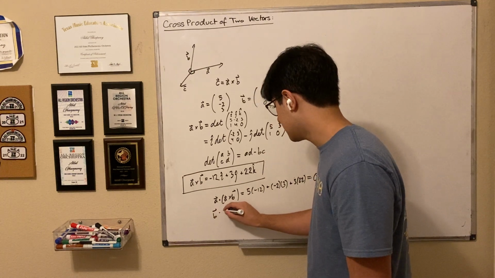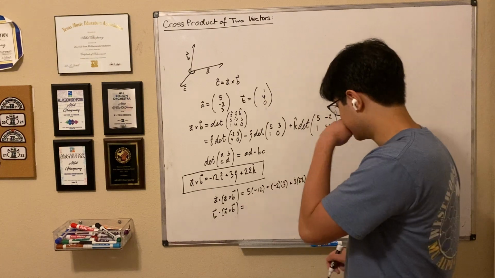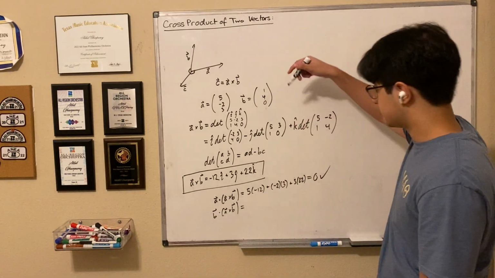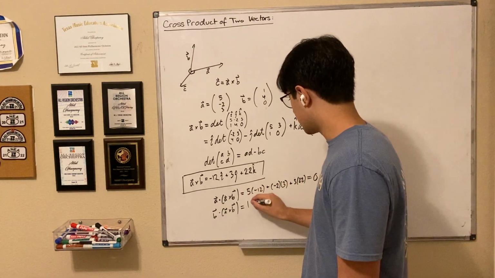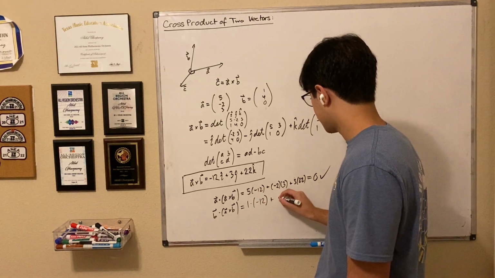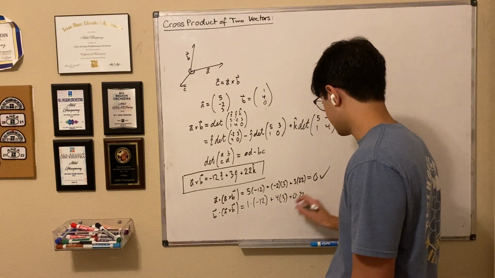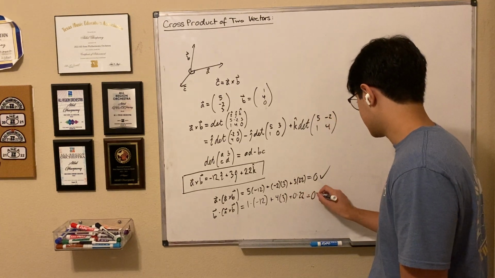And then we'll do B dot A cross B, and this is going to be equal to 1 times -12 plus 4 times 3 plus 0 times 22, we just get -12 plus 12, that's 0.